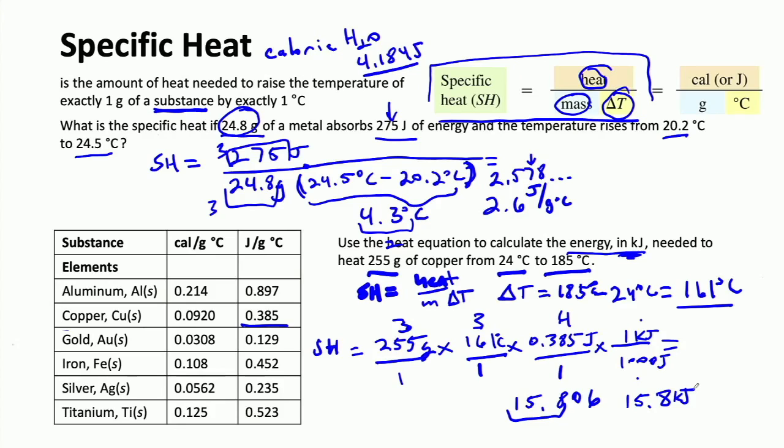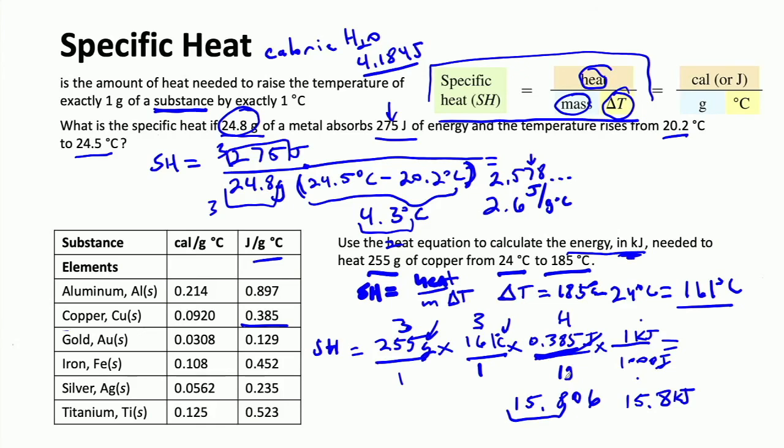You might be asking yourself, if this is a dimensional analysis, how are we able to even cancel out the Celsius from here and the grams from here? Where'd that get canceled out? Because the joules get canceled out in the conversion right there, right? Well, if you remember, the units for the specific heat of copper, the 0.385 joules, I forgot to actually put in the bottom part, the denominator, which is the grams Celsius.